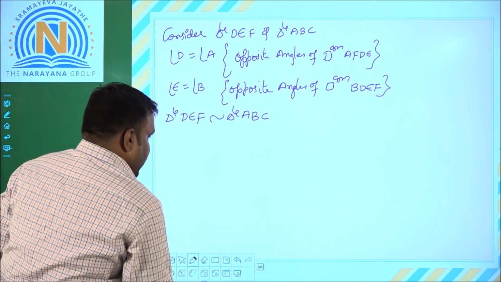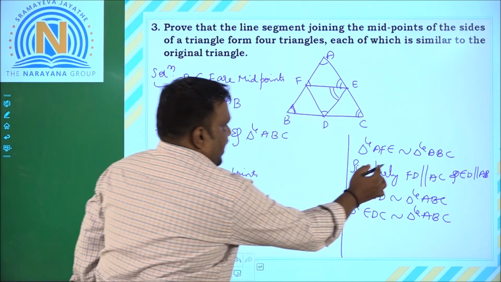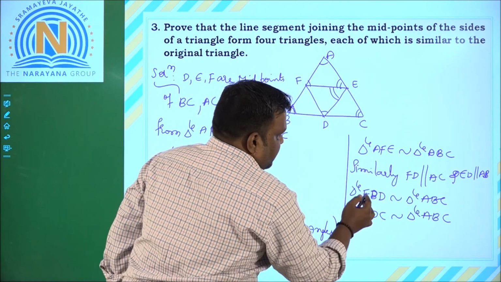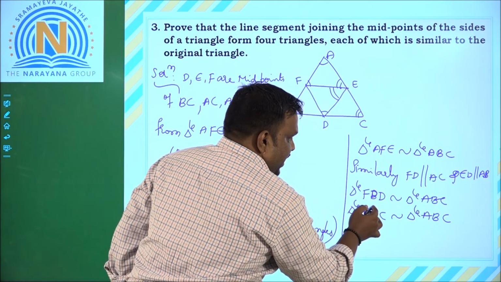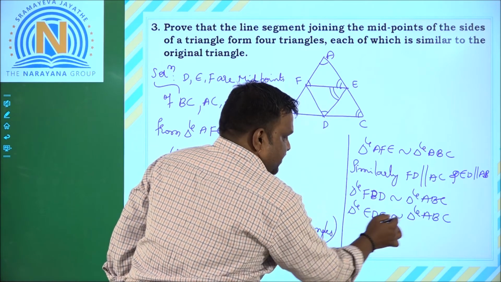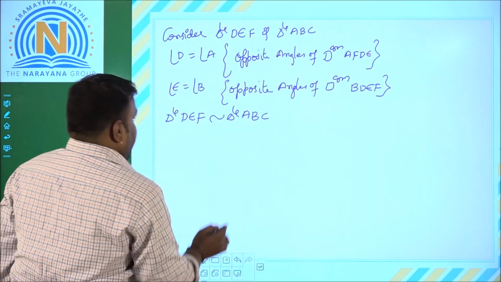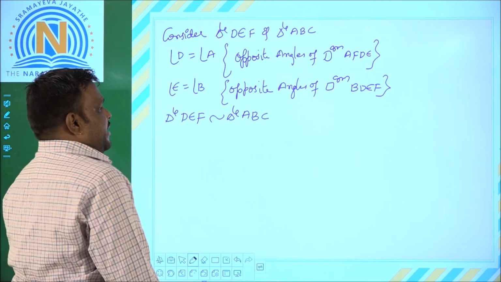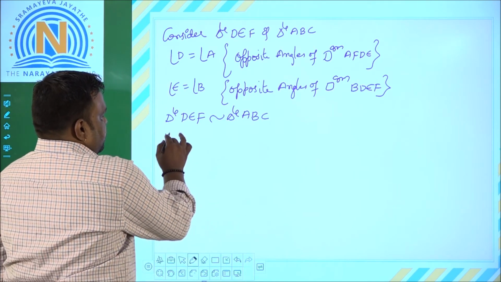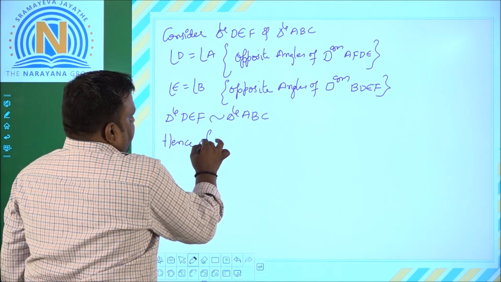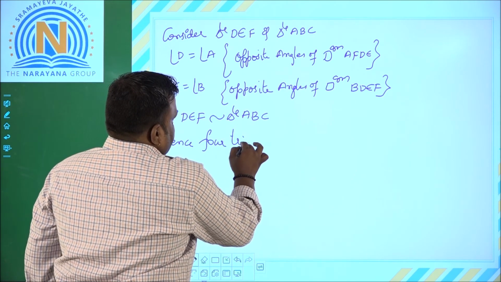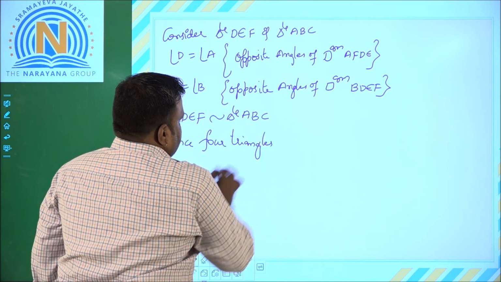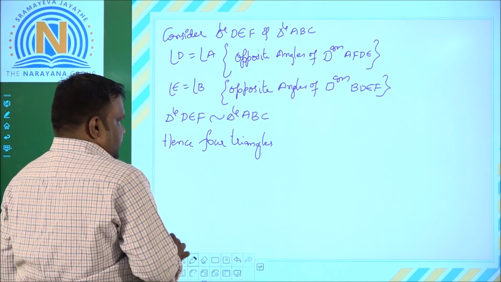Hence, we got it clearly here: triangle AFE is similar to triangle ABC. Similarly, triangle BFD is similar to triangle ABC, EDC is similar to triangle ABC, and finally triangle DEF is similar to triangle ABC. Hence, the four triangles, what are those four triangles?